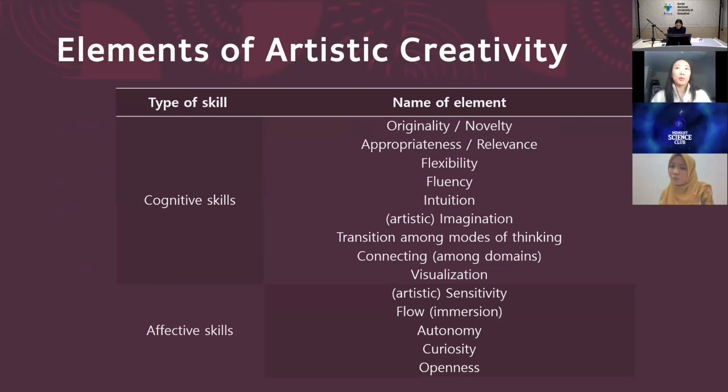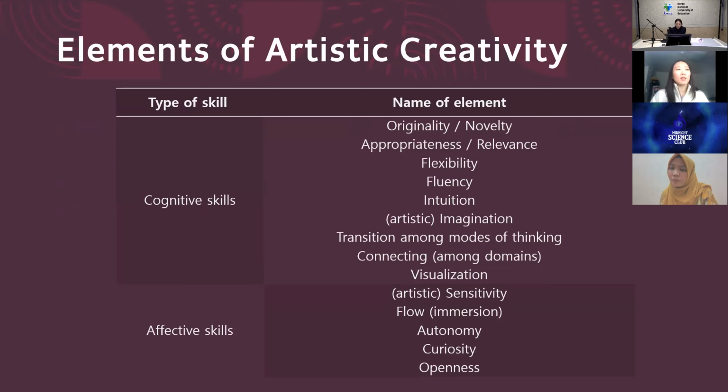Appropriateness and originality or novelty are representative features of creativity, as you know, and flexibility and fluency constitute divergent thinking, which is most frequently mentioned when discussing creativity. In addition, affective skills like sensitivity, flow, autonomy, curiosity, and openness are about the same as in other areas.